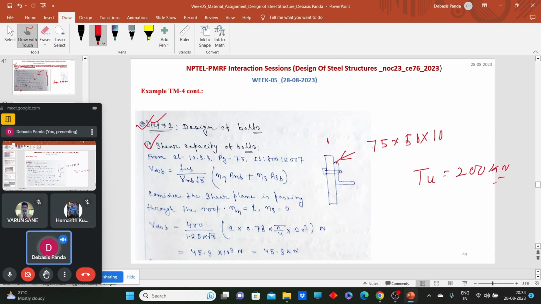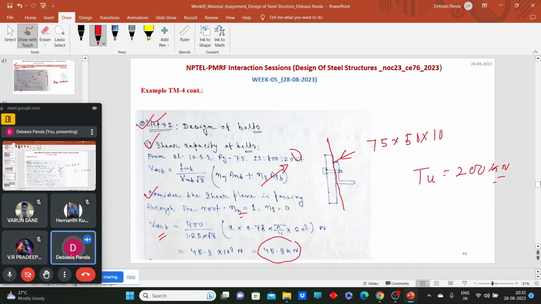How many shear planes will there be? One shear plane, and I have considered that the shear plane passes through the root because that will be the most critical case. So this part will be 0, and no correction factor is required because this is neither a long joint nor a large grip, and there is no packing plate. So n_n will be 1. The value of V_dsb will be equal to 43.3 kN.